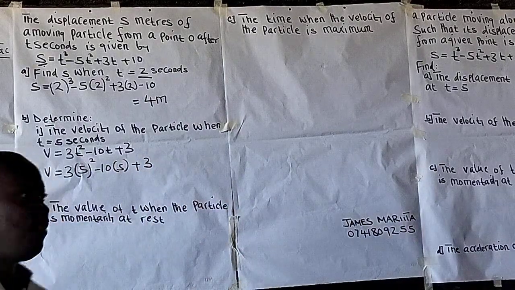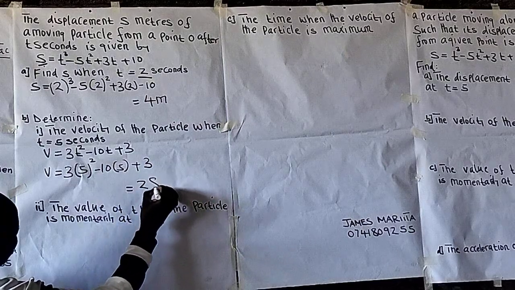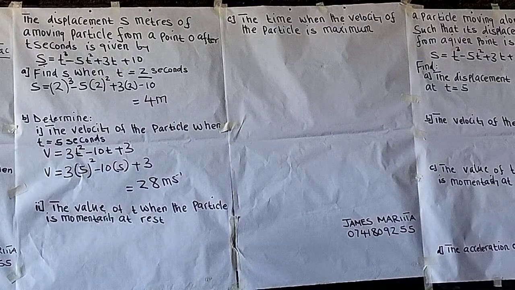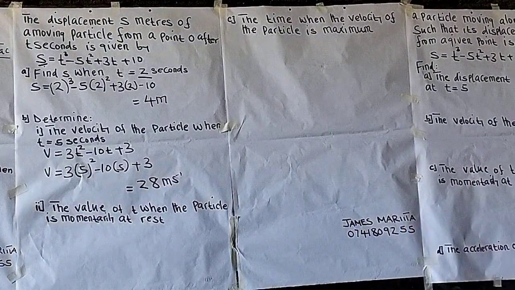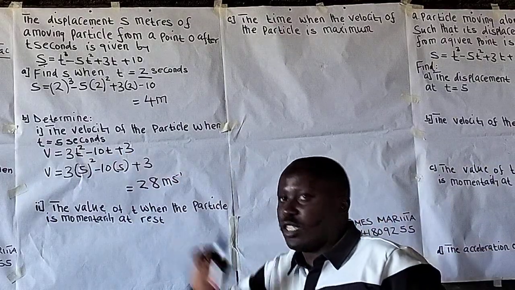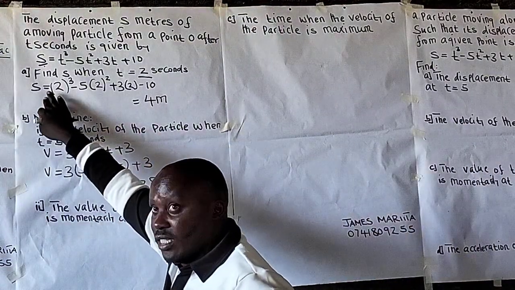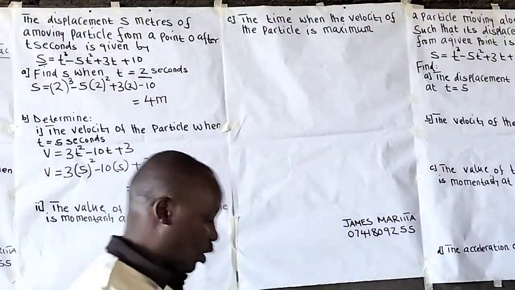So you get that the value of that velocity is equivalent to 28 meters per second. So the value of the velocity when the value of t is equivalent to 5, and you get the velocity after differentiating s, the displacement, will give us 28 meters per second.